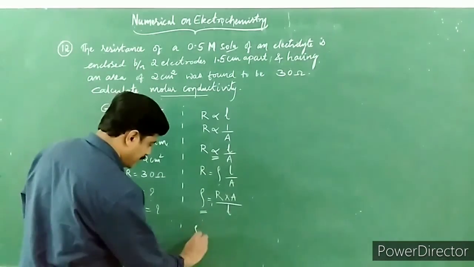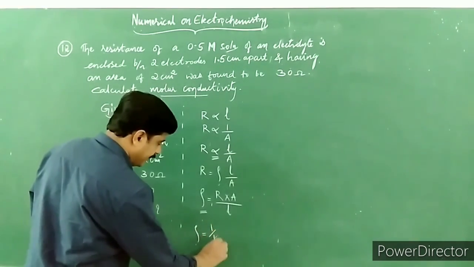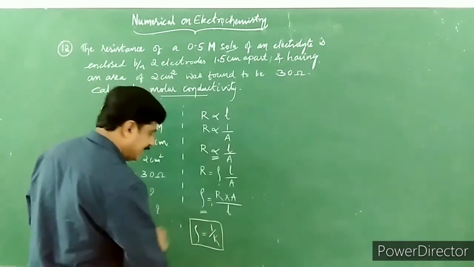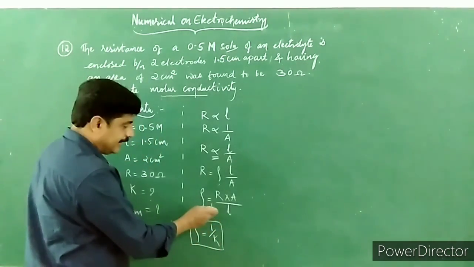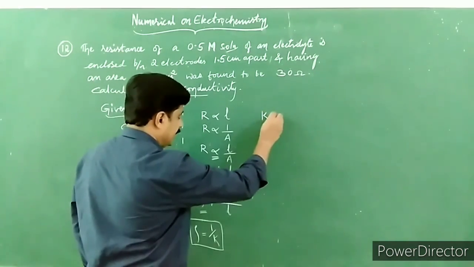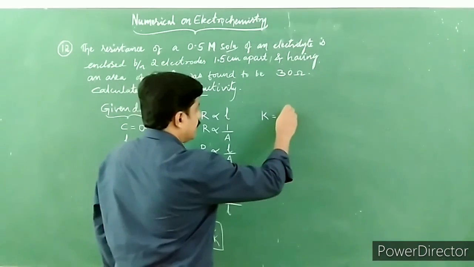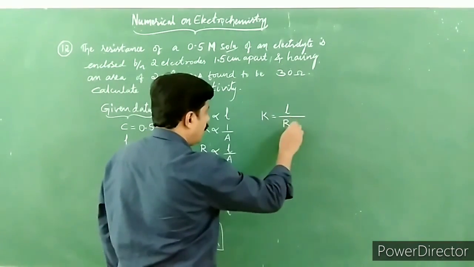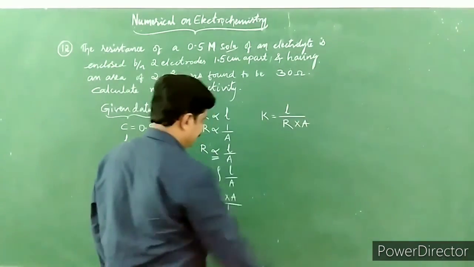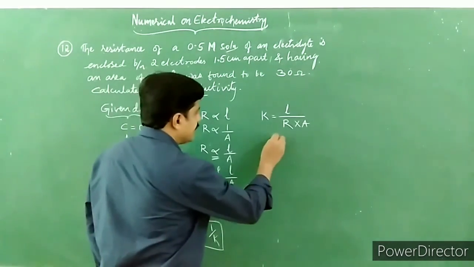Always remember, rho is inverse of conductivity. In that case, let me write the expression. Look at here. K is equal to L upon R into A, is it not? Now length is given how much?